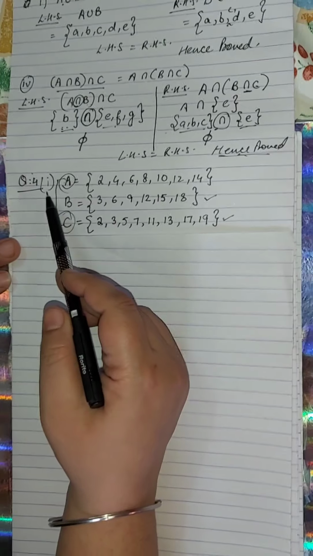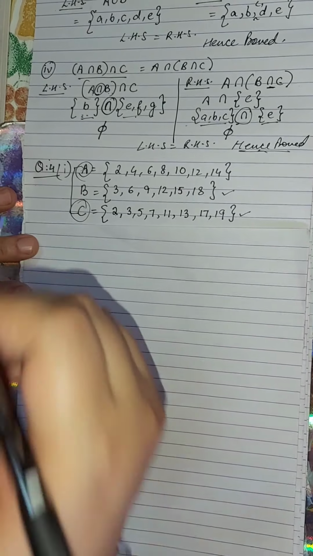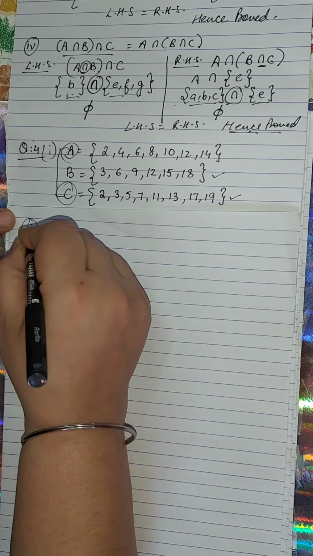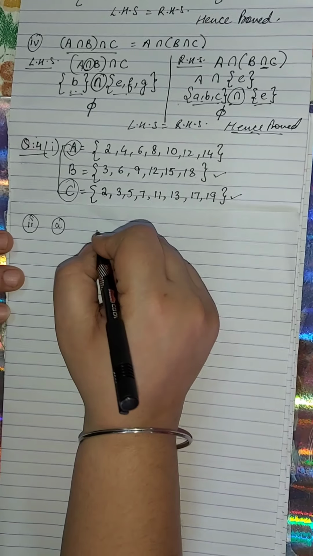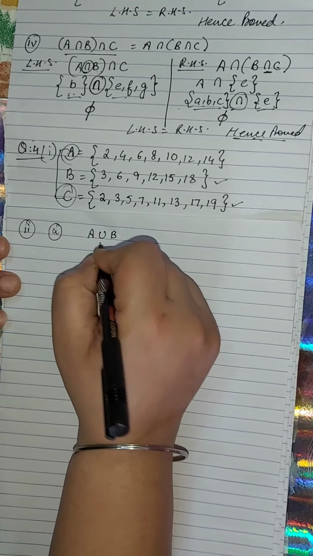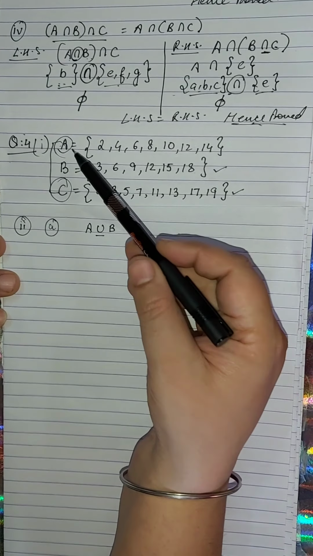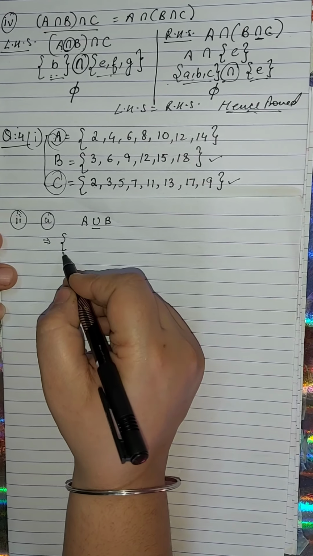Now in question number 4 we have done the sets into the roster form. Now we have to find union and intersection in the second part. If I am taking the second part, A union B. Now union means combining of two sets A and B. So we will combine A and B sets. How will you take the elements? We have to take them in the curly bracket only.